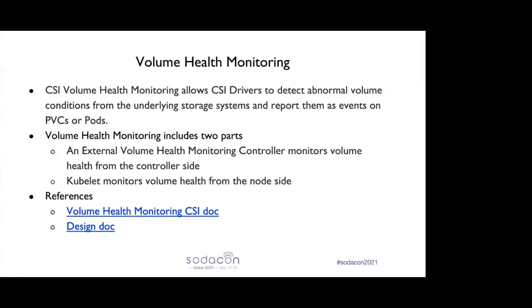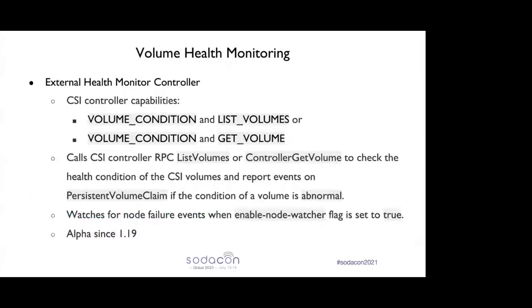This feature includes two parts. There is an external volume health monitoring controller, a sidecar deployed with the CSI driver, to monitor volume health from the controller side. Kubelet also monitors volume health from the node side. The external health monitor controller calls either ListVolumes or ControllerGetVolume CSI RPC and reports volume condition abnormal events with messages on PVCs if abnormal volume conditions are detected.